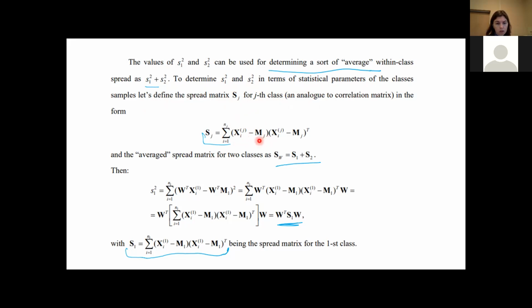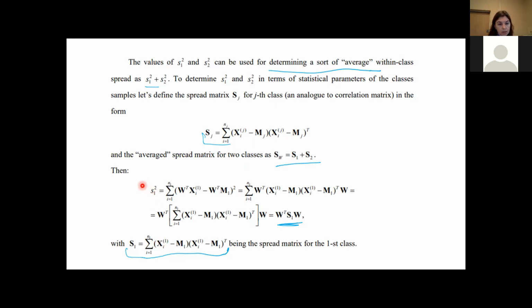So we just find this spread matrix using distance for each element, how far it is from the mean value, and find the sum of squares, actually transpose matrix by transpose matrix, it's a square of the matrix.